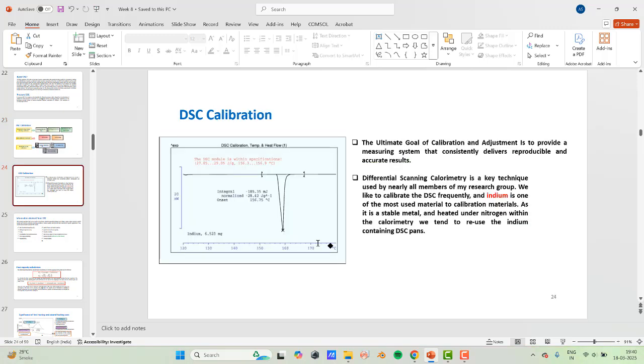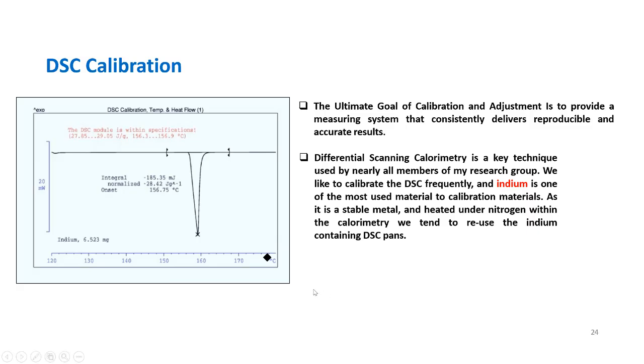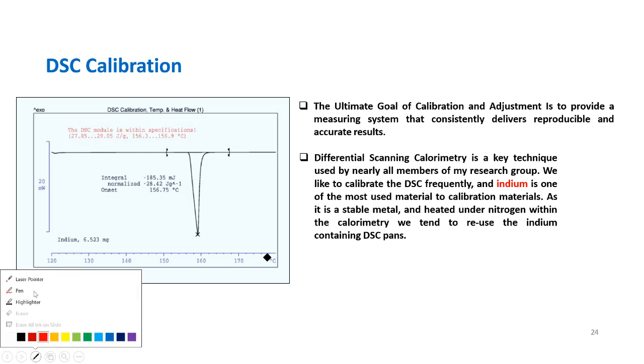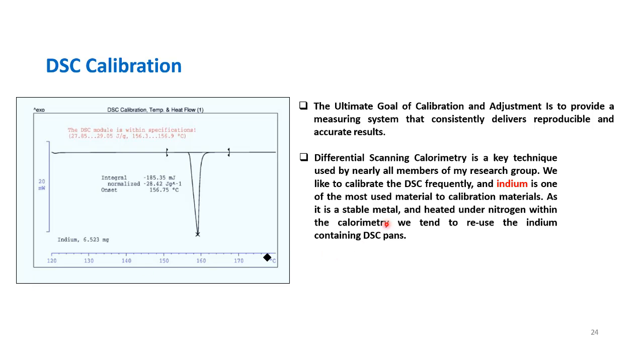As you can see in this graph, the peak is coming around 156.7 degrees Celsius. It is the most commonly used material, and it is also a stable material. As it is very stable in nature, that's why we use indium.